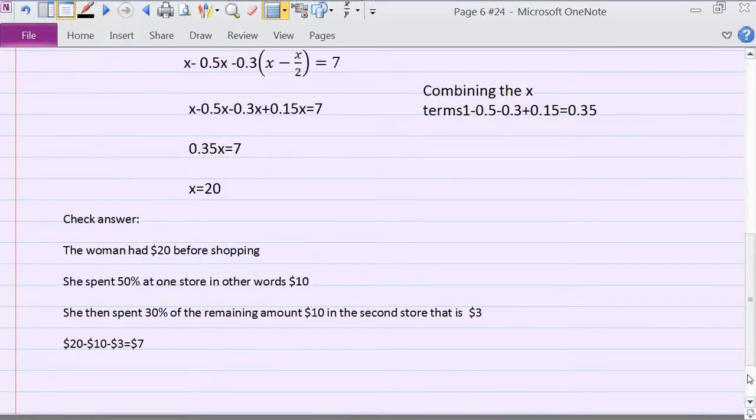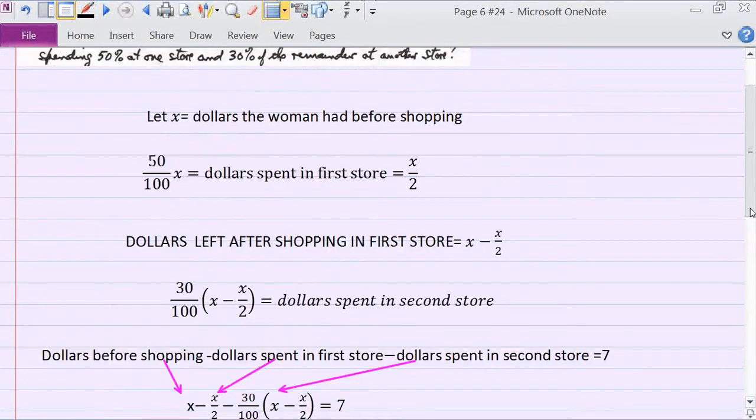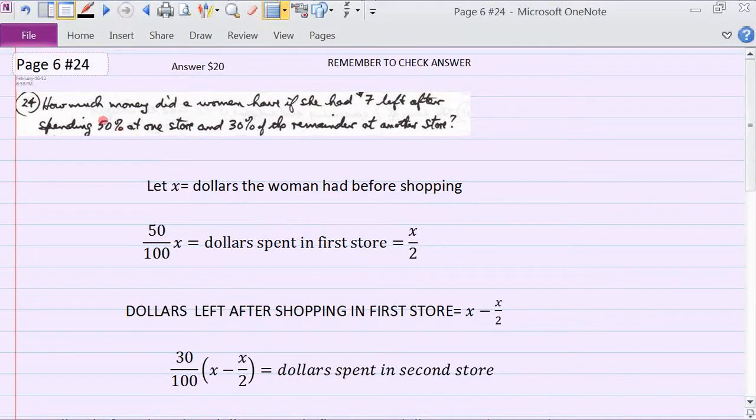Let's go to the next problem. And here we're told, or the problem indicates, how much money did a woman have? She had $7 left after spending 50% at one store and 30% of the remainder at another store. So in this problem, we start by trying to figure out how much the woman had before she started shopping.